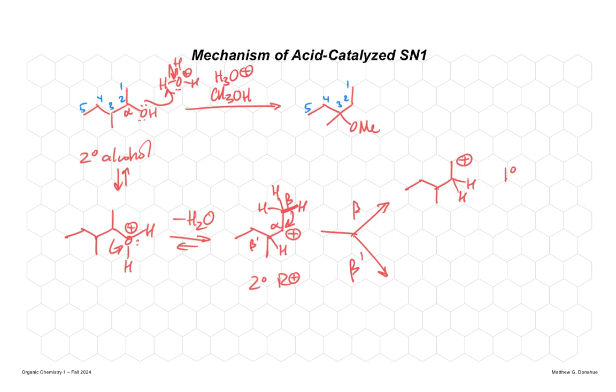So now for beta prime, if that H migrates over, what class of carbocation do you end up with? So this H right here is going to migrate over.